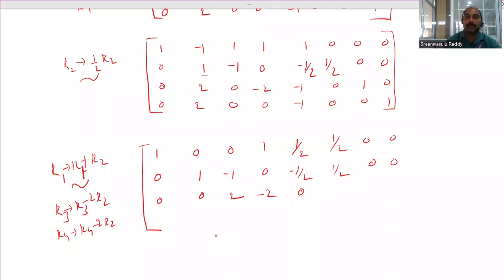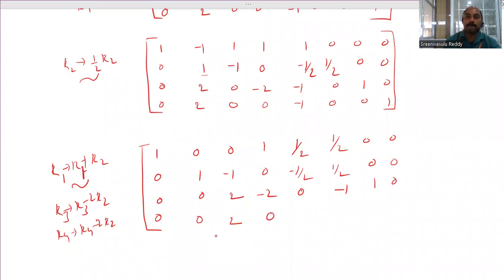2, 4, minus 1. So next element 0 minus 1 by 2, minus 1. Next element 1 minus 2 into 0, 1, 0. The last row 0, 2 minus 2, 0, 0. 0 minus 2 plus 2, 0 minus of minus 2, 0.